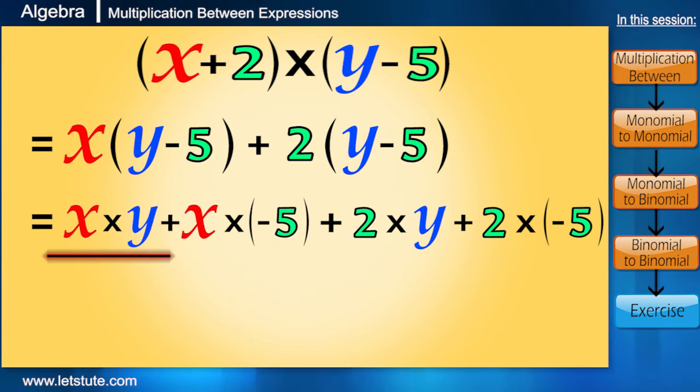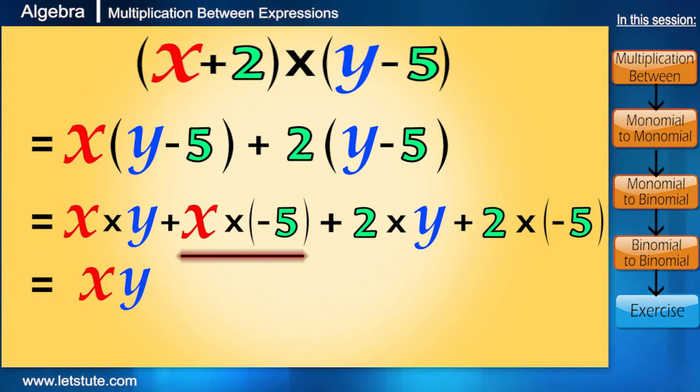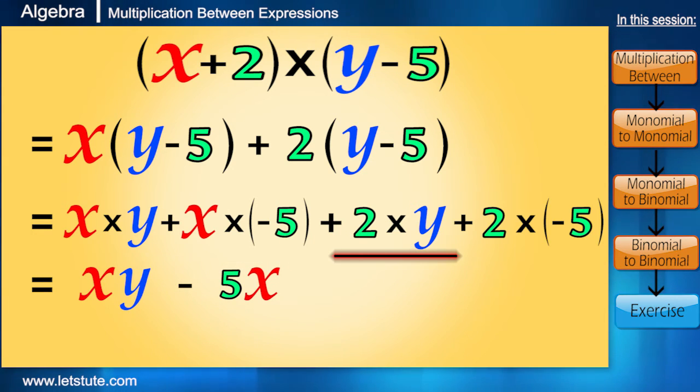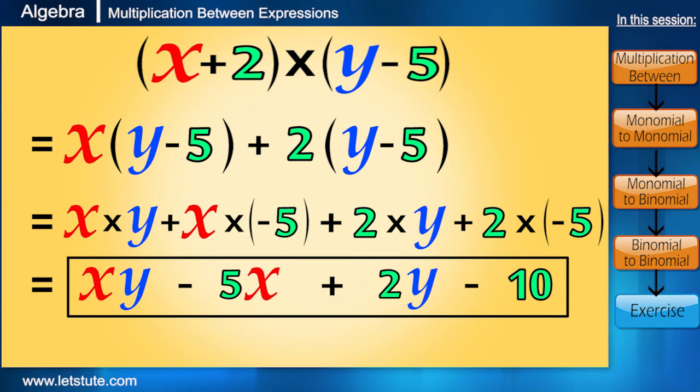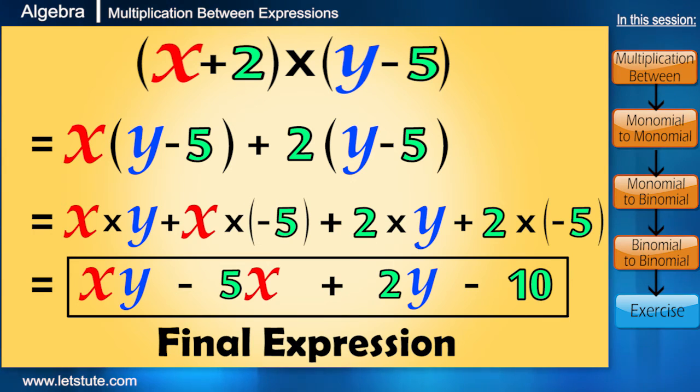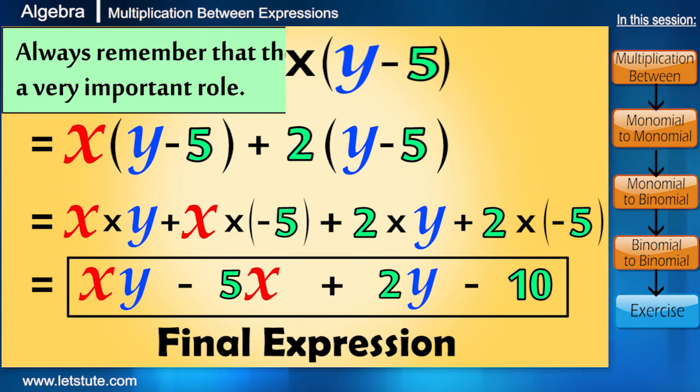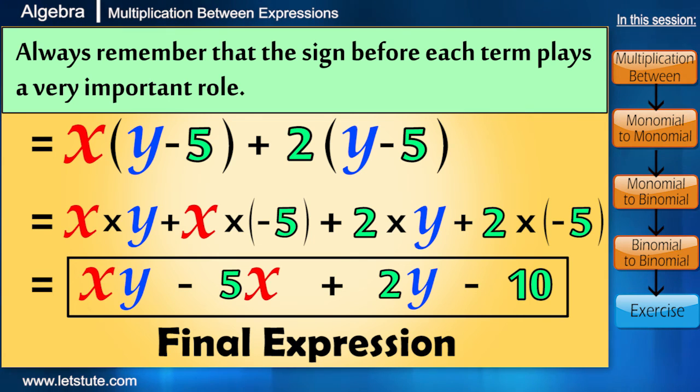So x into y is xy, x multiplied by minus 5 will be negative 5x, 2 multiplied by y will be simply 2y. Now 2 into negative 5 will be negative 10. And this is our final expression. So friends, before multiplying any expressions, always remember that the sign before each term plays a very important role.